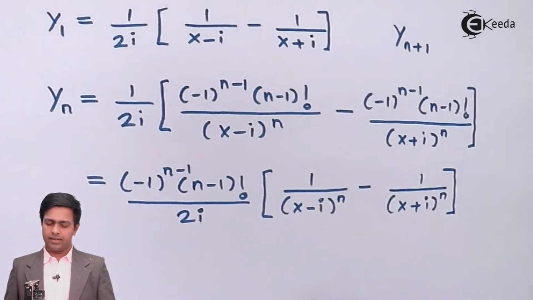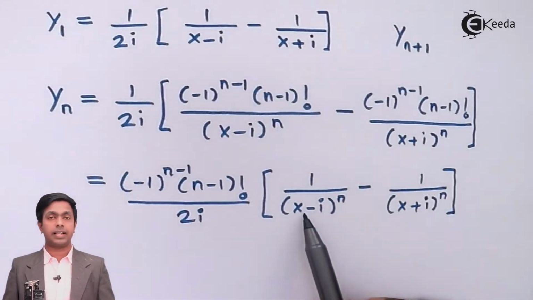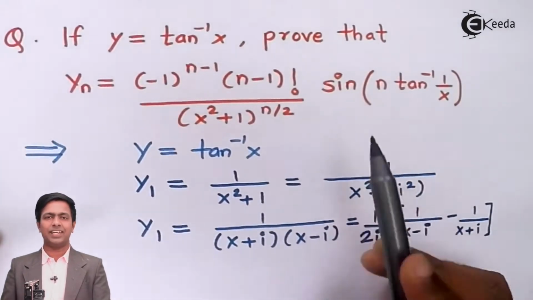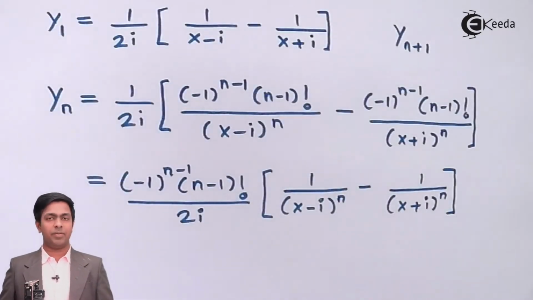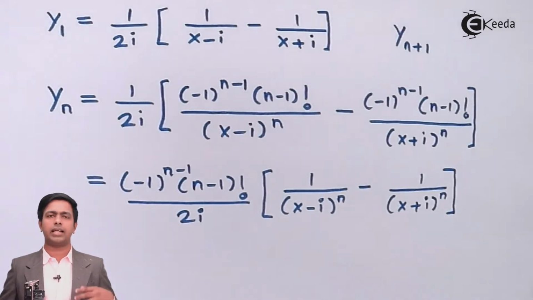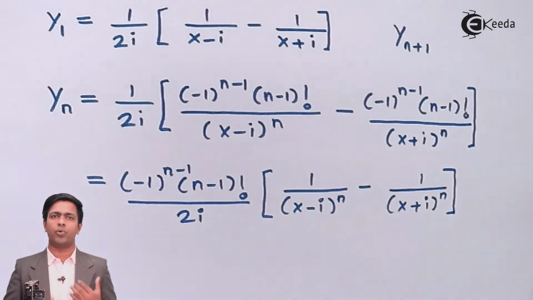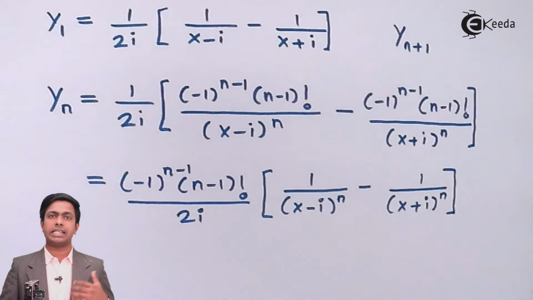So guys, now right now I have the terms x minus i and x plus i, which I want to convert into sine. So it is reminding me about the complex number, because in complex number we have seen that any complex number x plus iy is represented in the polar form as r into cos theta plus i sin theta. It means we can convert a complex number into polar form, and there we can get sine and cos terms.